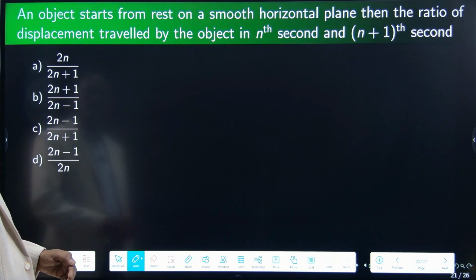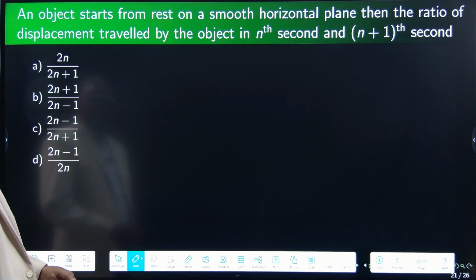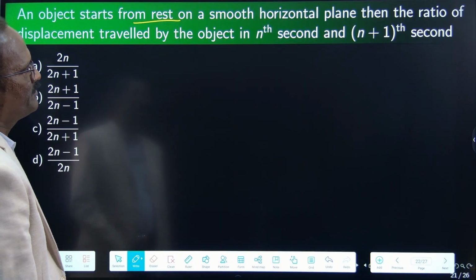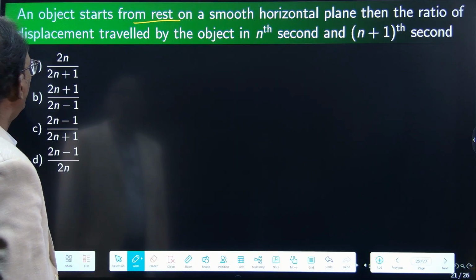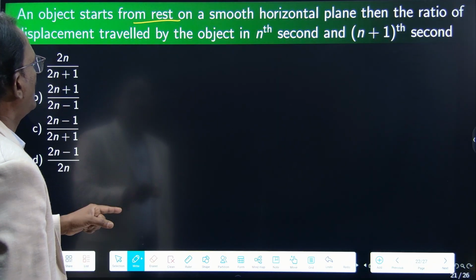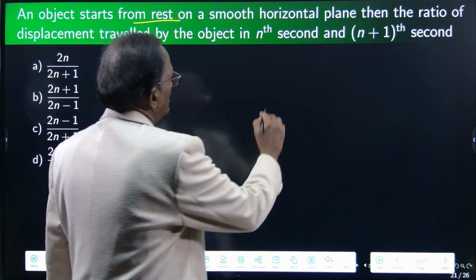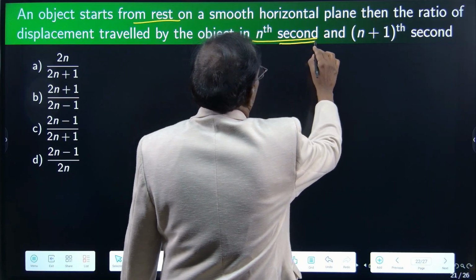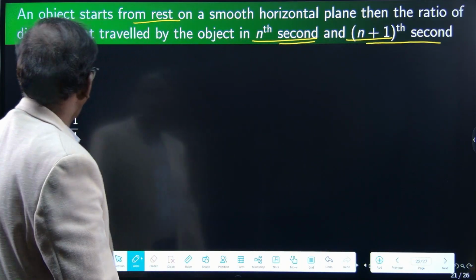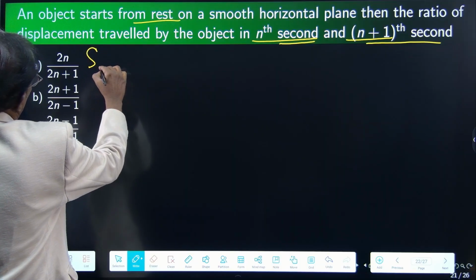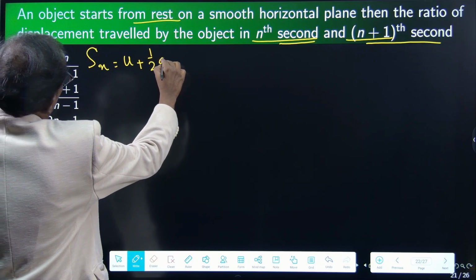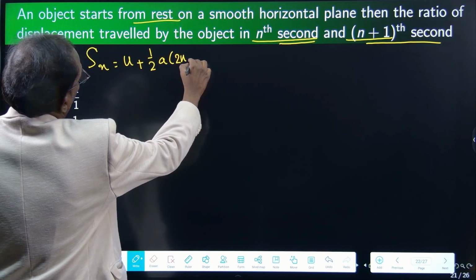Next question. An object starts from rest. From rest it is starting, on a smooth horizontal plane. Then find the ratio of displacement travelled by the object in nth second and n plus 1th second, right? So already we have found one formula, Sn is equal to u plus a by 2 into (2n minus 1).